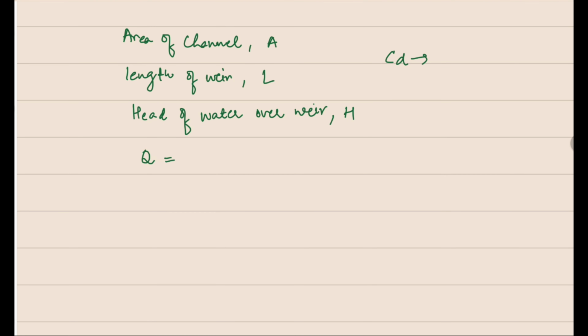Once you have estimated this particular Q value, then we will figure out the velocity of approach by using the equation Q over A. This Q is the value you got from the earlier equation. Now once you have the velocity of approach, in the next phase you will figure out the additional head that is generated by the velocity of approach.